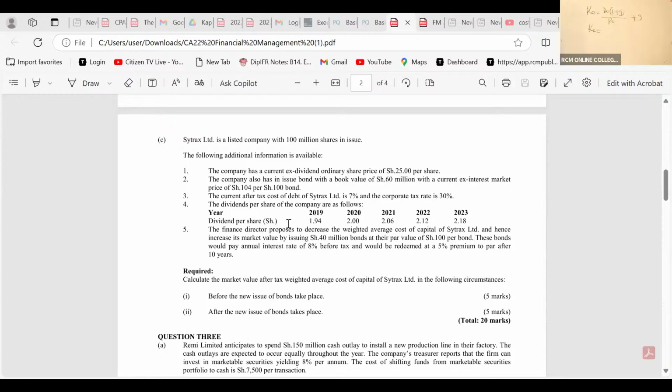We have many dividends here, and the most current one is 2.18. So 2.18 into 1 plus the growth rate we have gotten, all over P0. P0 is the current market price per share, and you can see it given as the current ex-dividend ordinary share price of 25.